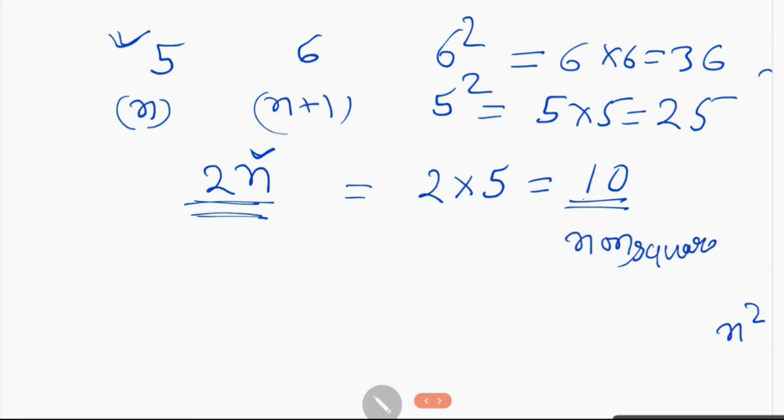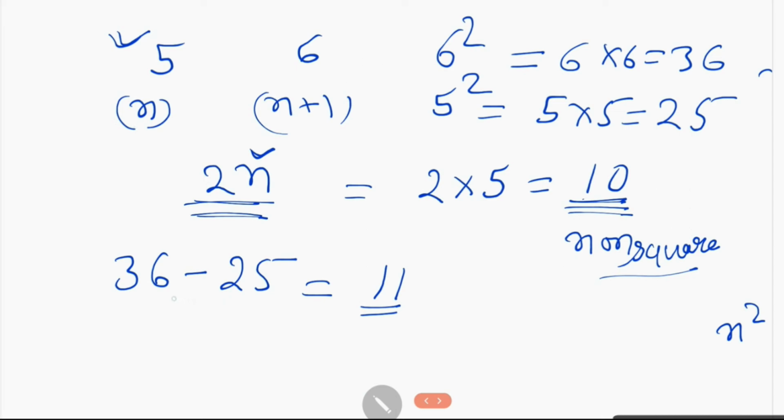This is always one less than the difference of the squares. Like 36 minus 25 is 11, so 10 is one less than n plus 1 square minus n square. So there are 10 non-square numbers.